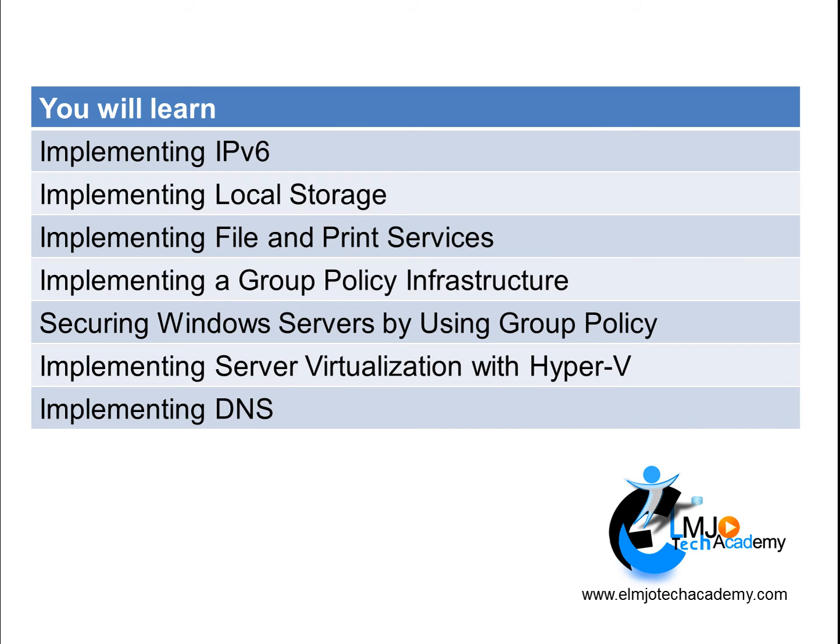IP version 6 is hexadecimal. IP version 4 is 32-bit; if you do 2 to the power of 32, you will see how many IP addresses you can get. With IP version 6, which is 128-bit, if you do 2 to the power of 128, you will get a number of IP addresses that is not countable. It gives you too many addresses, and it's a hexadecimal number system. So we will see it in brief.